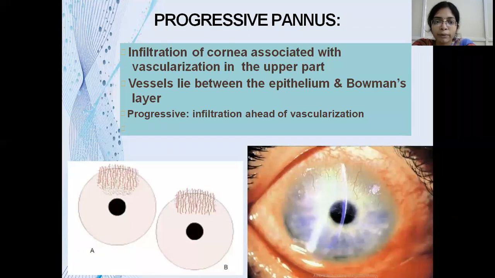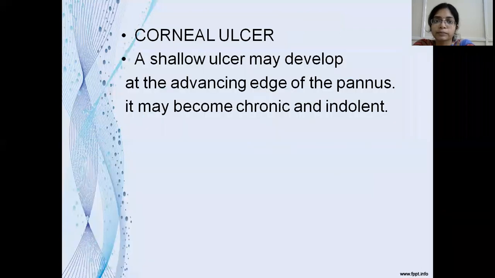But in progressive, infiltration is ahead of vascularization. You have to infiltrate first, so that is progressive. In regressive, it's the other way around: vascularization is ahead of infiltration. So you have to remember one, and the other one is obviously the reverse. The adjacent picture shows a beautiful picture of pannus. So in the phase of active trachoma, the pannus will obviously be progressive, not regressive.